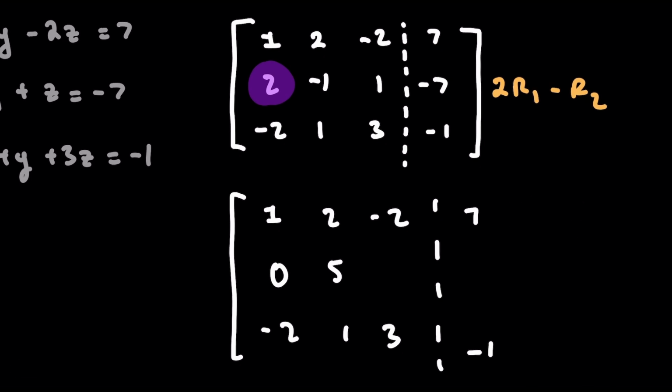So that's the value over here. And for the third entry, we can do 2 times the value in row 1, which is minus 4. And now we're going to minus away the value in the second row, which is 1. And that's minus 5. Now we have to do the same thing with the last value, the answer. So 7 times 2 is 14, minus 7, that's equal to 21. And there we have it. We have our second matrix.